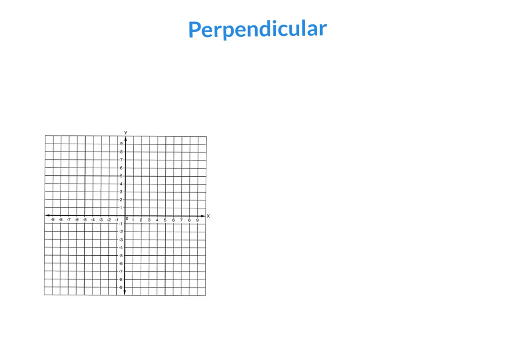Here is our last example, and this time we're looking at perpendicular lines. So perpendicular lines are two lines that intersect at 90 degrees, and they obviously don't have the same slope. What their slopes are, they're what we call opposite reciprocals.